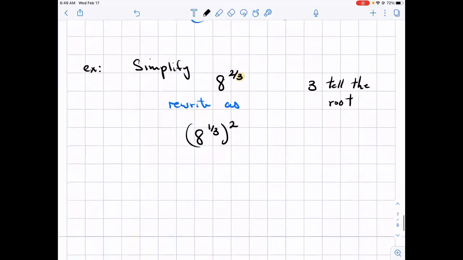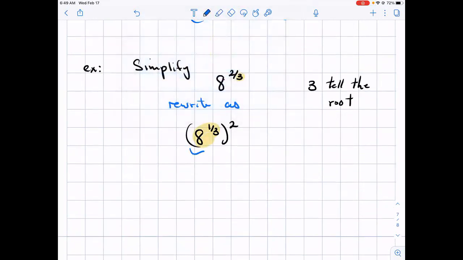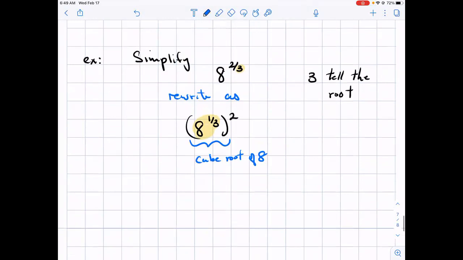And the reason I'm writing 8 to the 1/3 power is because this here is the same as the cube root of 8. And the cube root of 8, we know, is 2. So we now have 2 raised to the 2nd power.